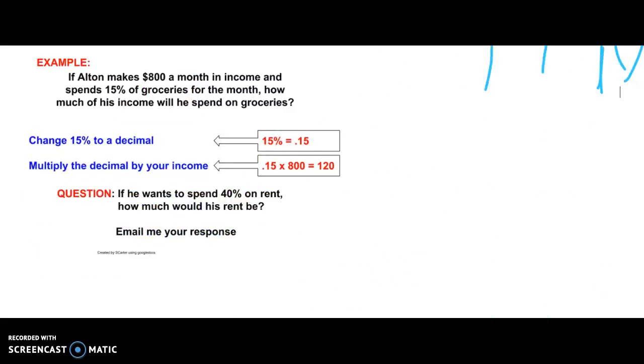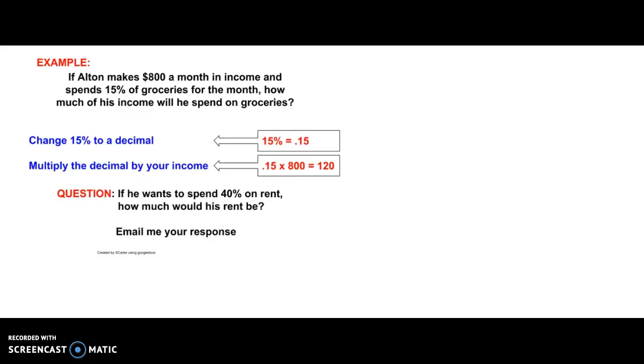So let's look at an example of a scenario where we have an expense and we are wanting to see what our income would be. So this one says, if Alton makes $800 a month in income and spends 15% on groceries, for the month, how much of his income will he spend on groceries?